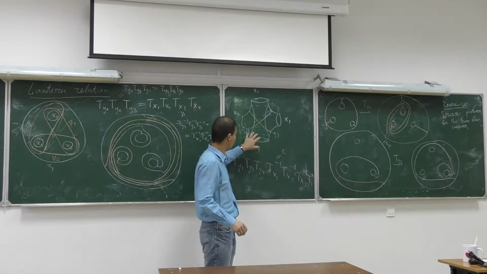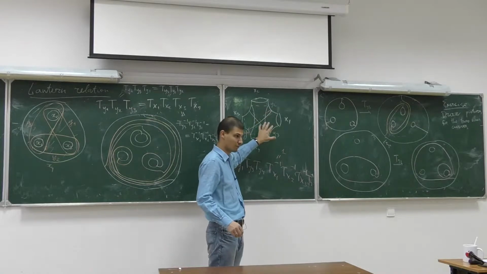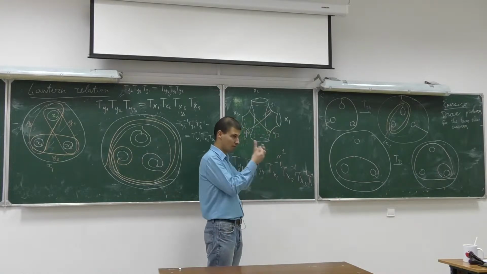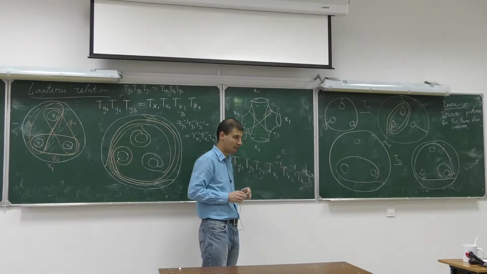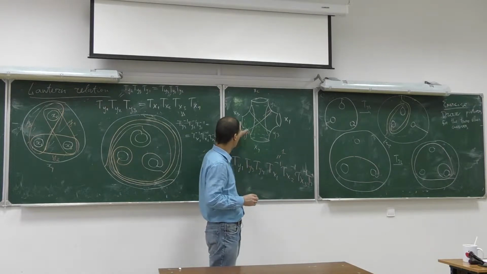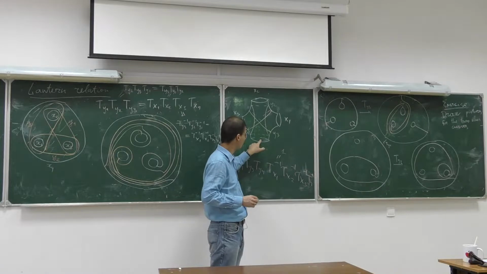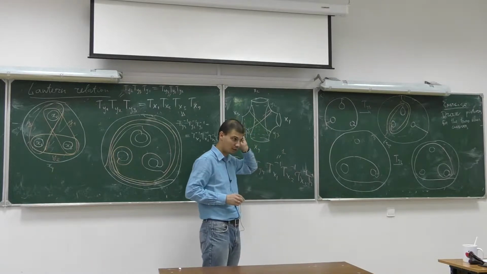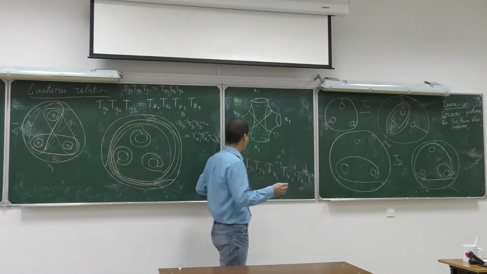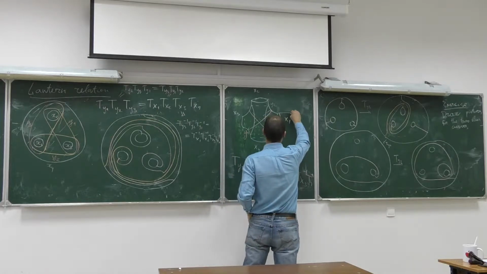So I would like to embed this surface with 4 boundary components into the surface of genus 3, so that all these 7 curves, 4 x's and 3 y's, are non-separating. Okay, let us do something like that.